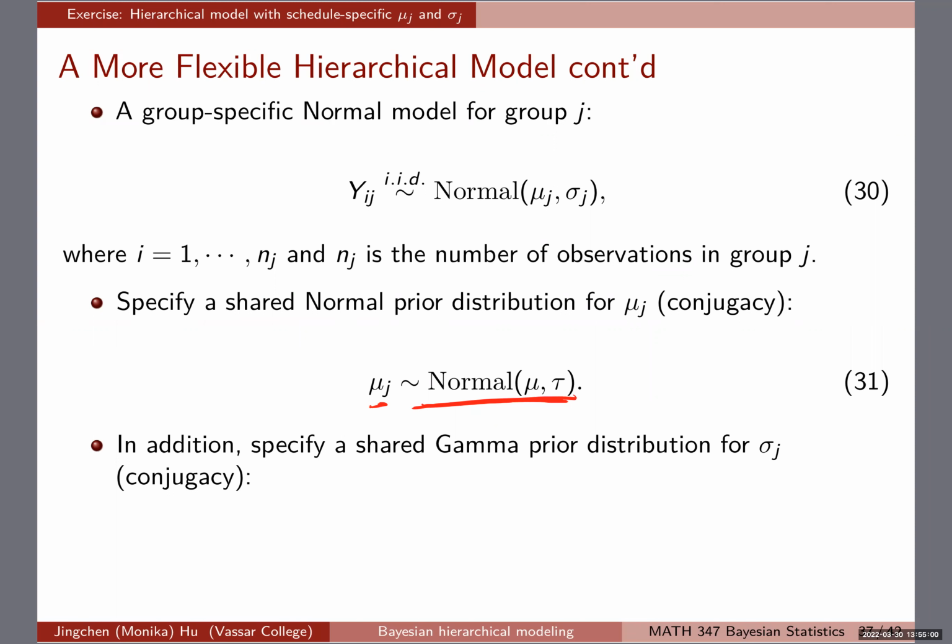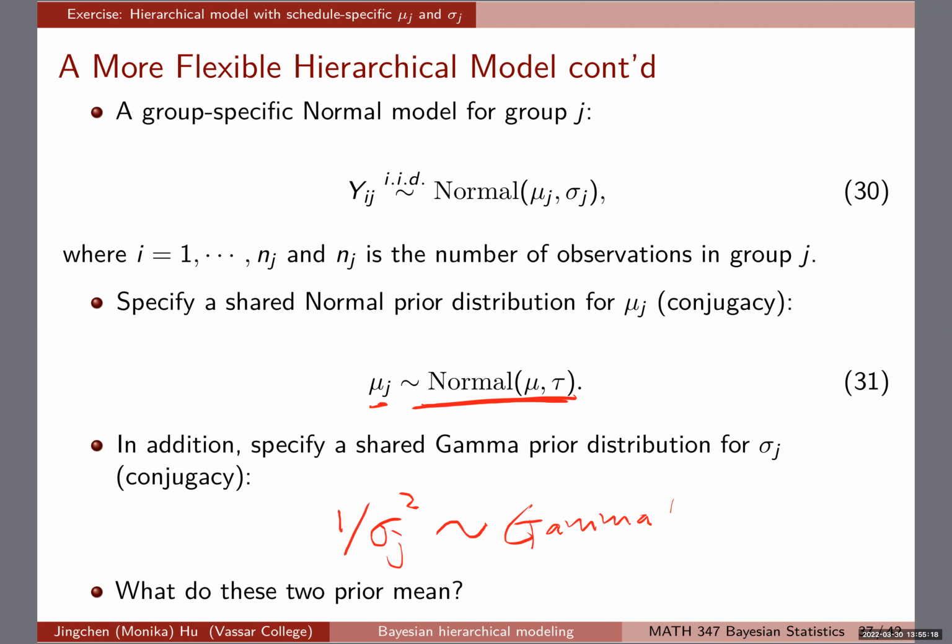And now if we want to do something about sigma j, and also utilize the conjugate result that we had before, we could technically give 1 over sigma j squared, all of them, the same gamma distribution. I will use, I don't know, SA and SB, where S stands for sigma in this case. If I specify a shared gamma prior, which is the first stage prior for sigma, then we will be able to have a conjugate result.